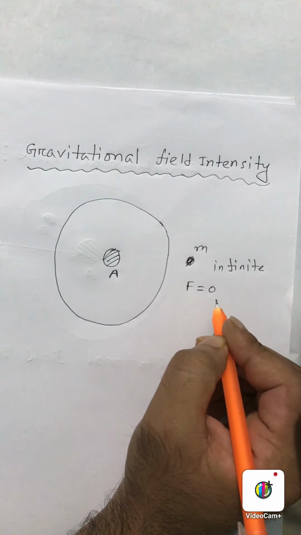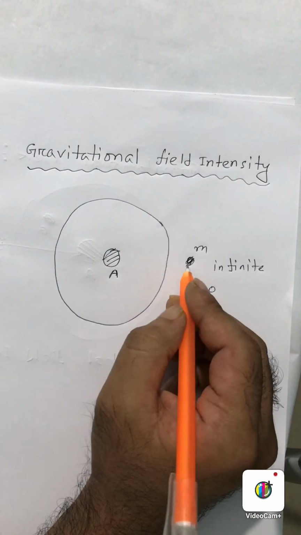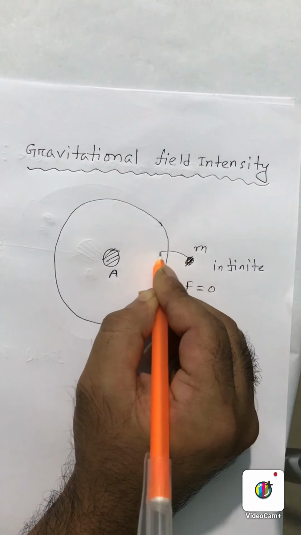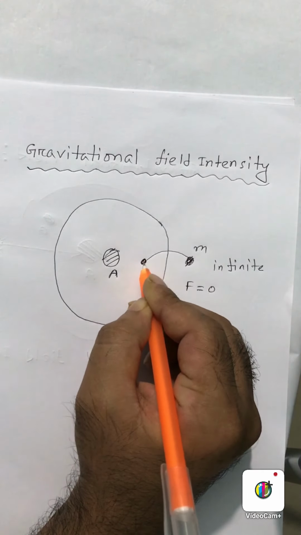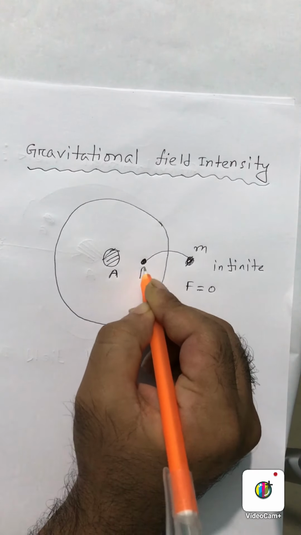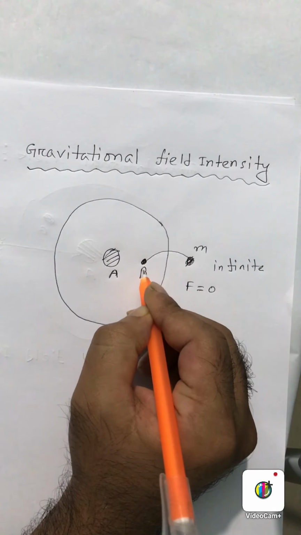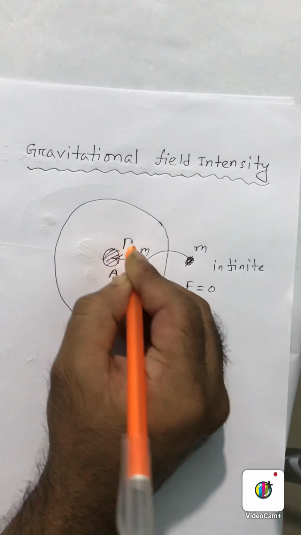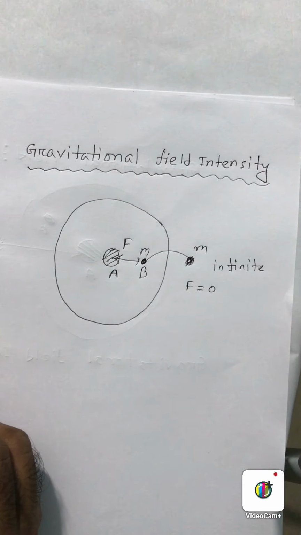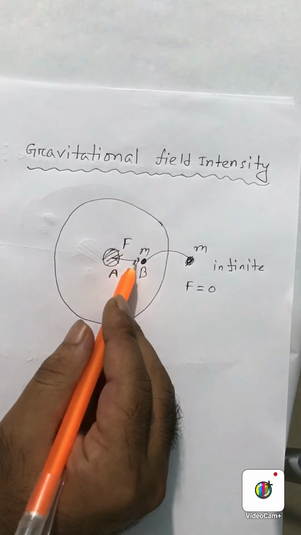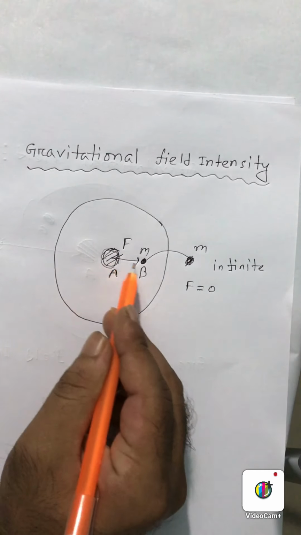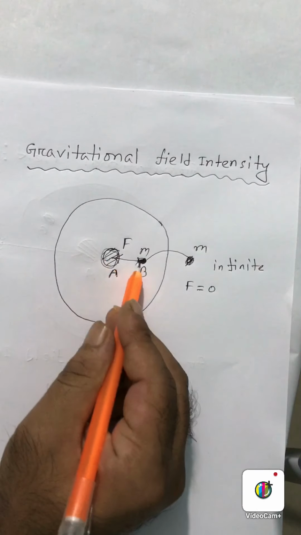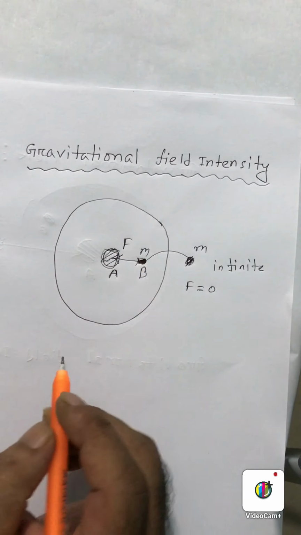Now if you bring this object from infinite distance to a point B inside the gravitational field, the attraction force between the two objects is F. Here A is the large object and at point B the object is small.